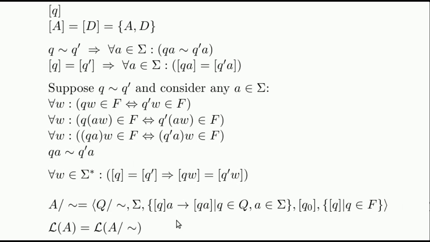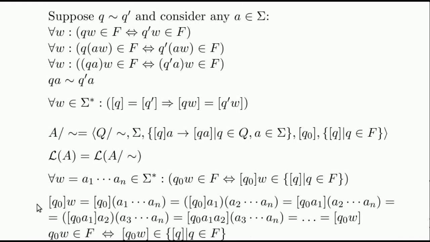It remains to be seen that this new automaton recognizes the same language as the original one. This is equivalent to saying that for any word w, from q0 we reach an accepting state reading w with the automaton A, if and only if from the class of q0 we reach an accepting state reading w with the quotient automaton. This sequence of equalities, obtained by applying the definition of the transition function of the quotient automaton, justifies that reading w from the class of q0 we reach the class of q0w.